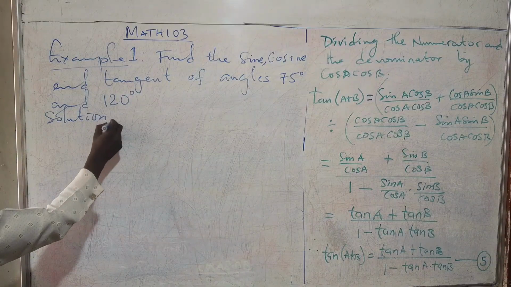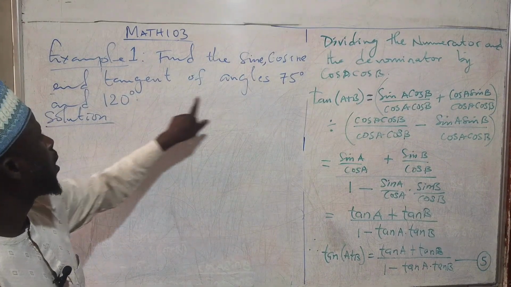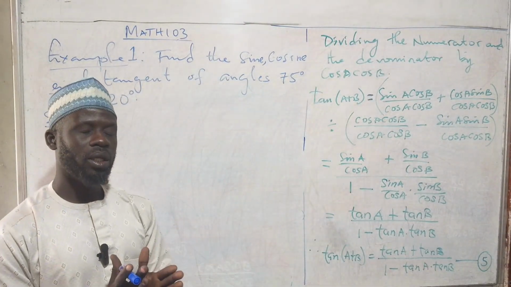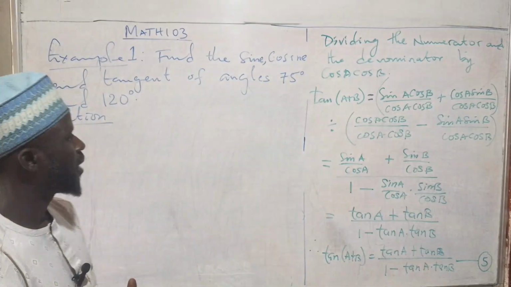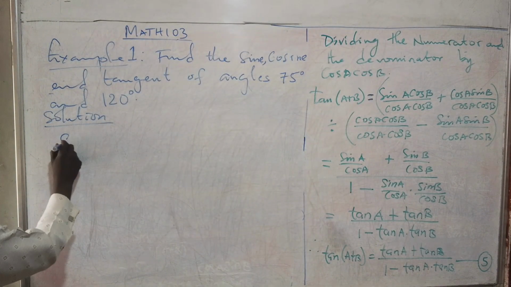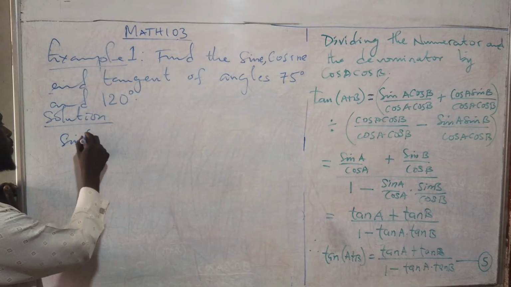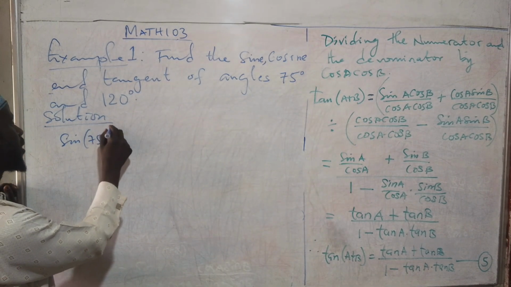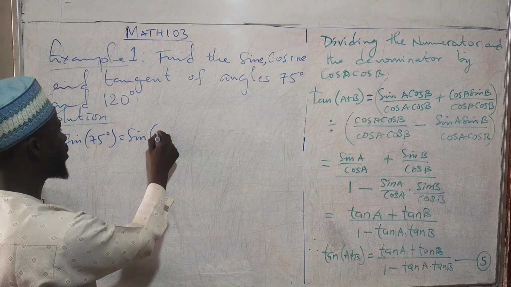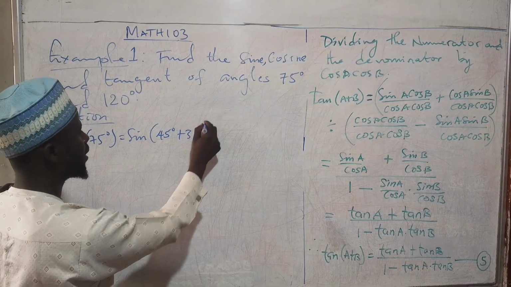Solution. We are starting with sine 75 degrees. But you see, we can always express 75 as the sum of 30 and 45 degrees. So sine 75 degrees is equal to sine of 45 degrees plus 30 degrees.